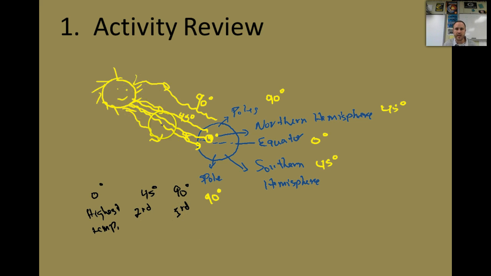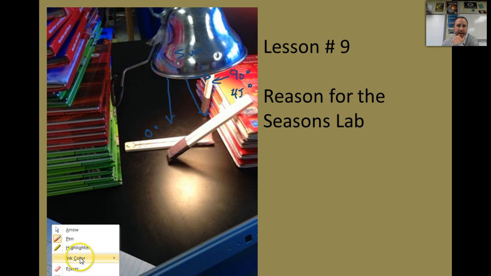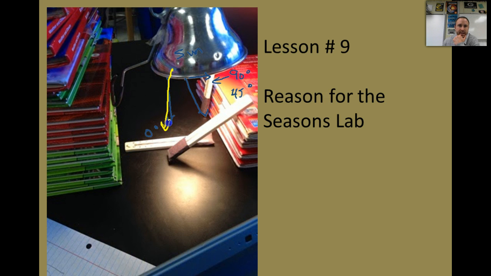If we go back to our image that we had drawn here, it probably makes the most sense that the light is just having to come down and travel straight across and hit this one. We would expect that it would get the most sunlight. So this area is getting the most direct sunlight.